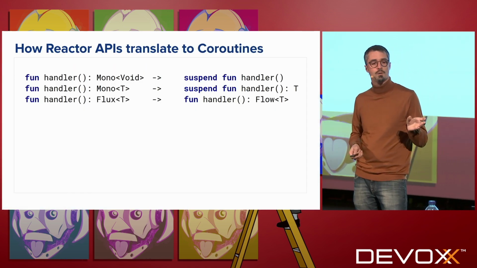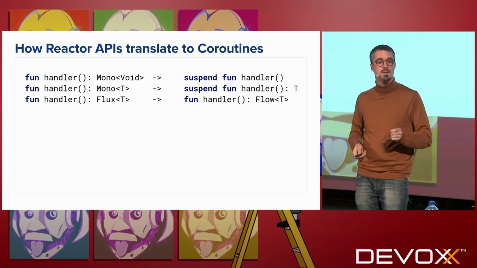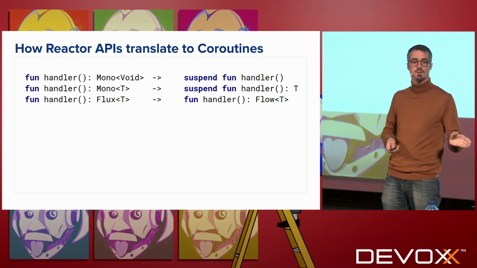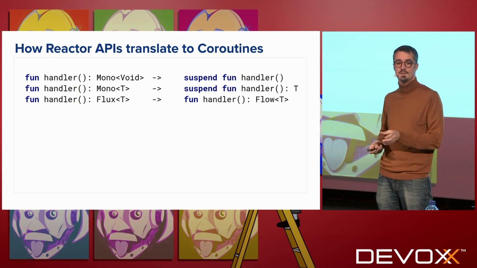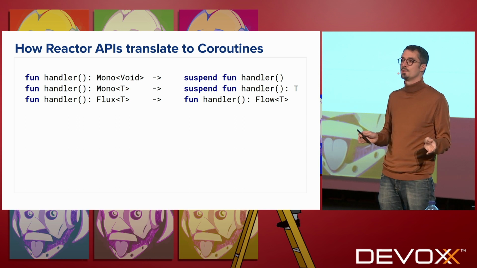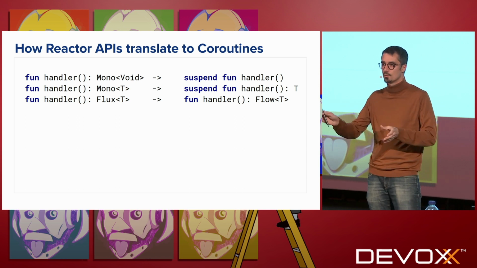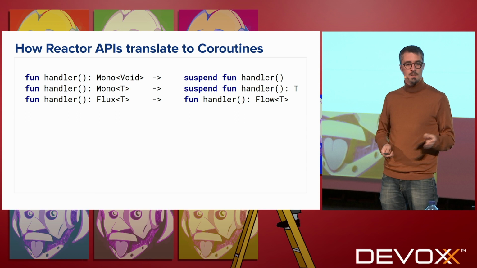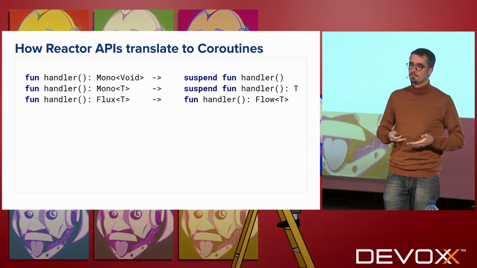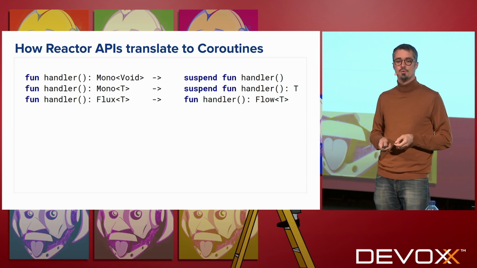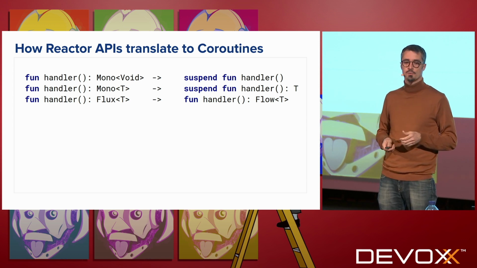So how does the Reactor API translate to coroutines? When you have a function that was returning Mono of Void, in the coroutines world, that's just a suspending function that returns Unit, basically, so you don't have to return anything. A handler that was returning a Mono of T will just be a suspending function that returns T. And that's a little bit similar to null safety, where you don't have to use Optional in Kotlin.